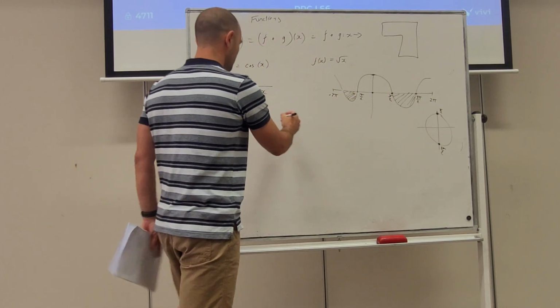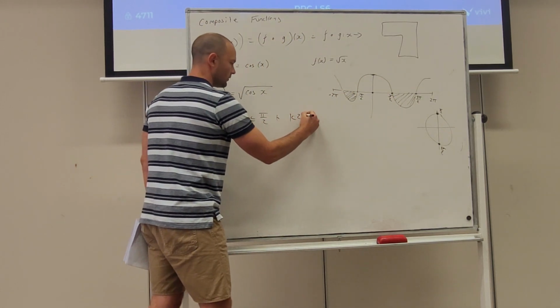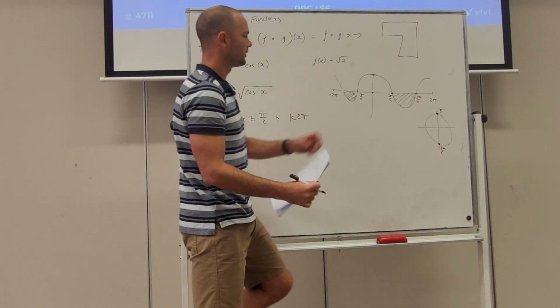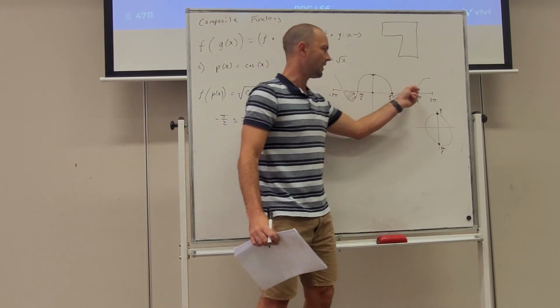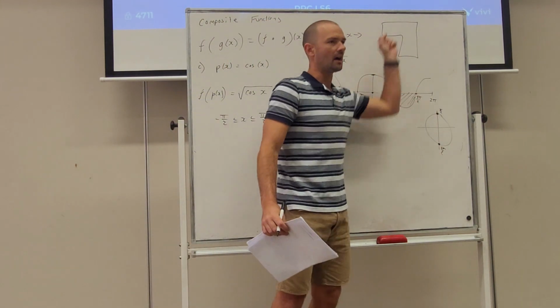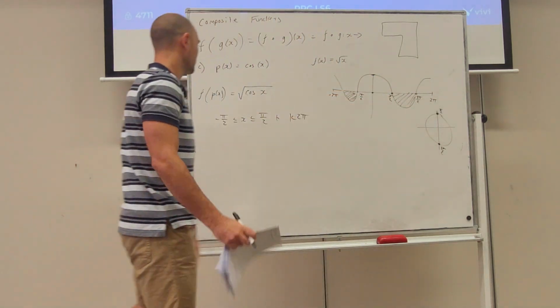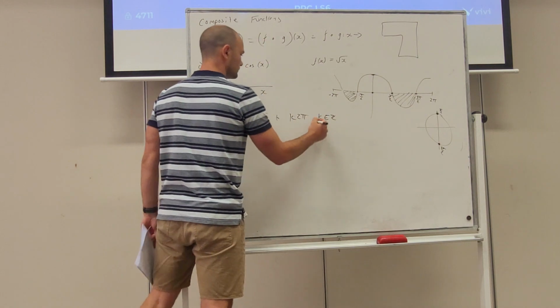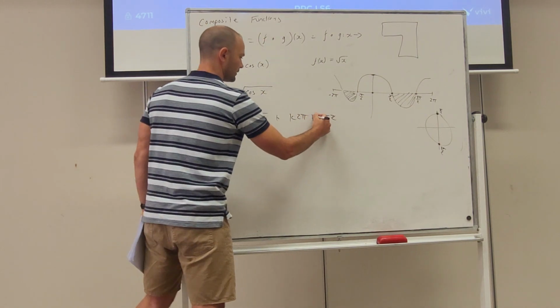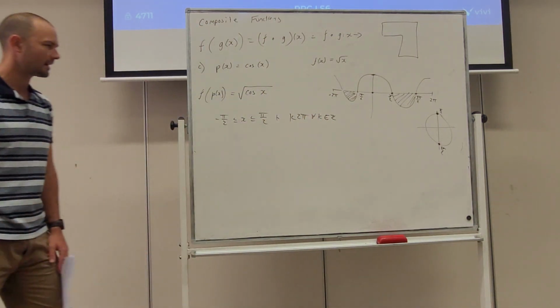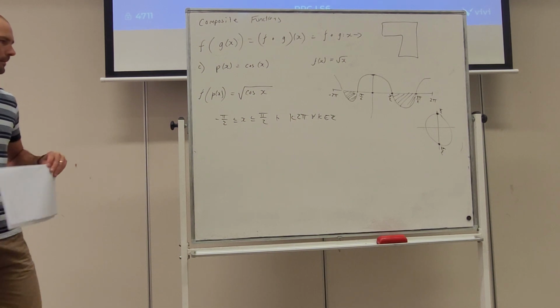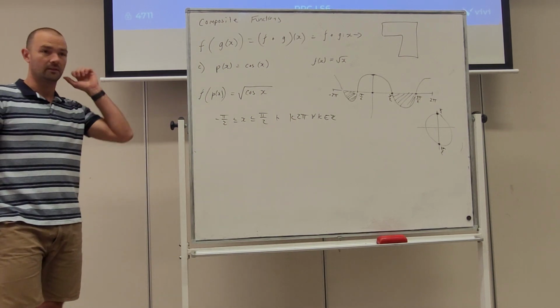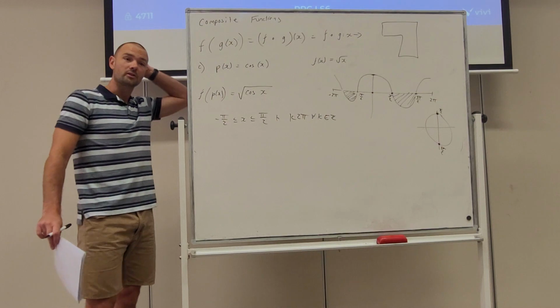So we have to add 2 pi, because we're going from there to there. That's where the arc next begins to occur. Plus 2k pi, where k is an integer. Plus 2k pi for all k, positive and negative integers, because we're going in a negative direction as well. So that's quite tricky, right?